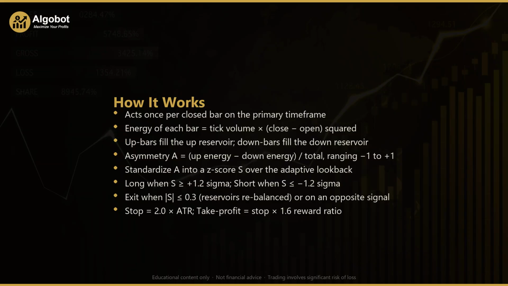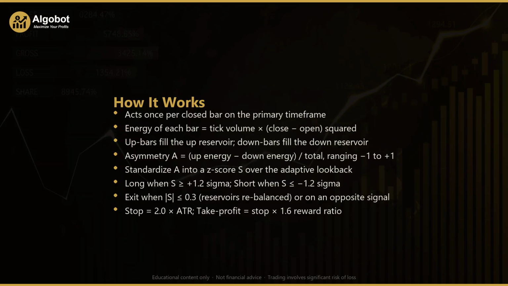For every bar, it takes the tick volume as the mass, the close minus the open as the signed velocity, and multiplies the mass by the square of that velocity. Because the velocity is squared, larger candles contribute disproportionately more energy than small ones, so a few heavy bars can outweigh many gentle ones. Bars that closed up add their energy to the up reservoir, and bars that closed down add theirs to the down reservoir.